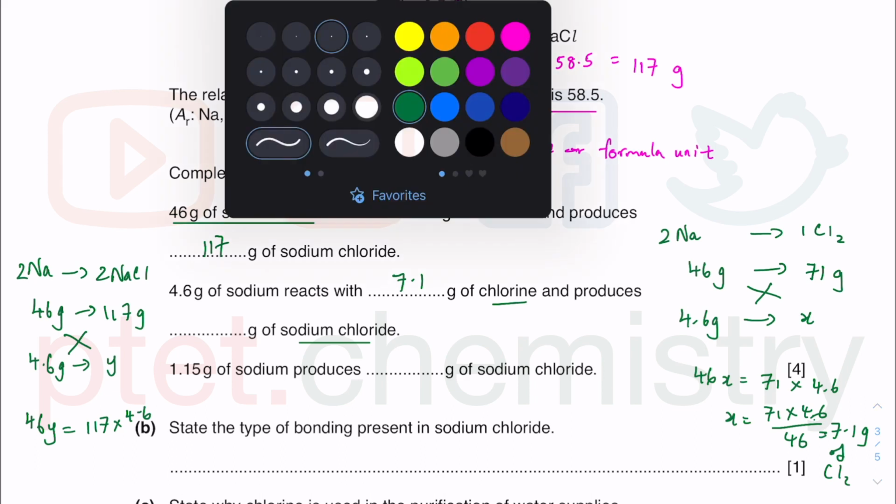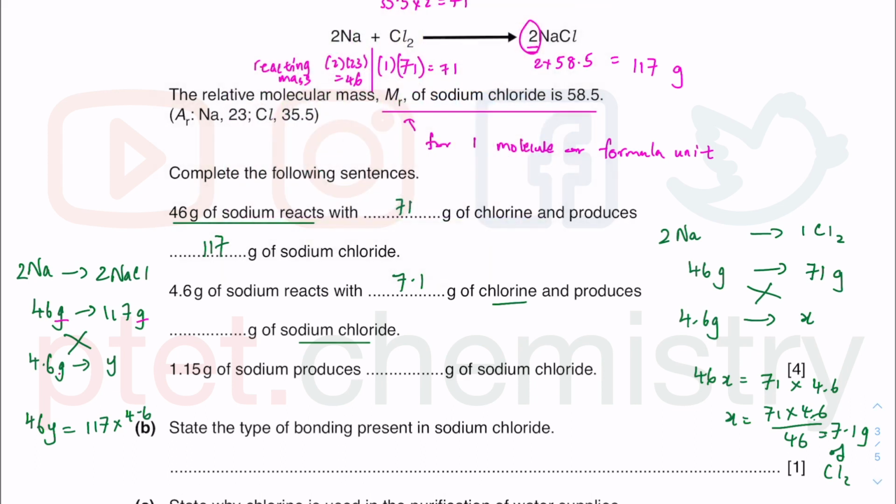Bear in mind that the g there refers to the unit. They are not quantity, they're just units, so I just ignore the units now. Y equals 117 times 4.6 over 46. Press that onto your calculator and you get 11.7 gram.